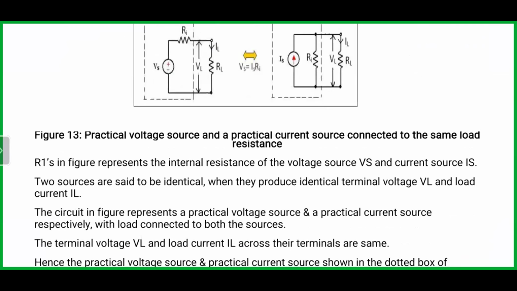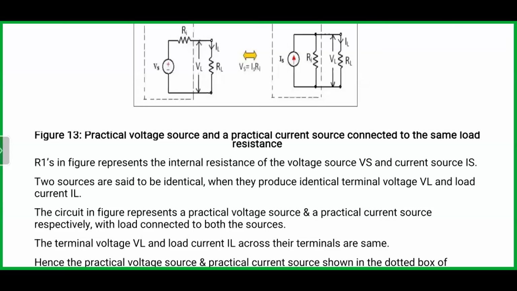R1 in the figure represents the internal resistance of the voltage source, that's Vs, and current source, that is Is.